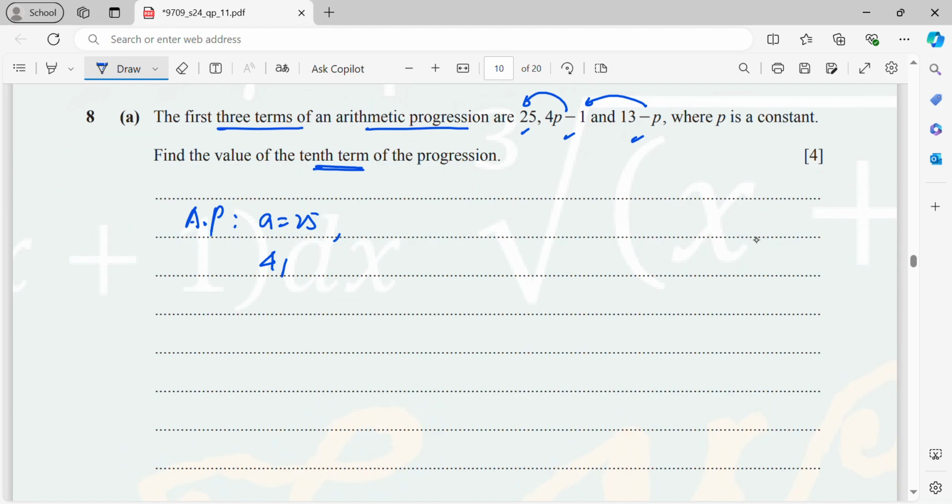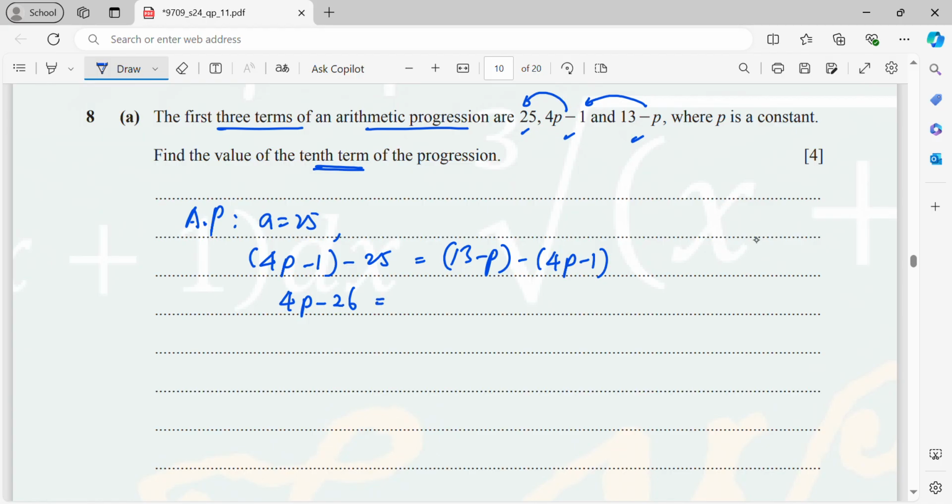So 4p minus 1, this is my second term, minus 25 equals to 13 minus p, that is my third term, minus the second term. That's the meaning of common difference. Okay, that's the calculation of common difference. So from here, you will get 4p minus 26.